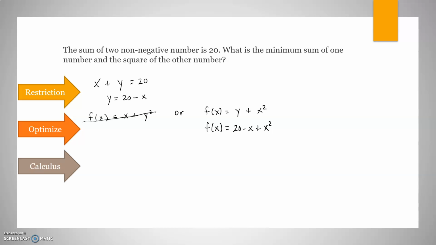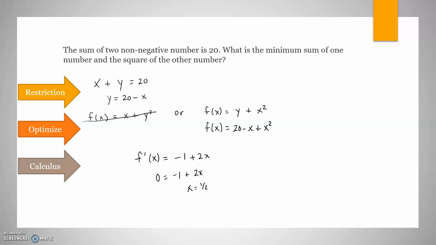Now I'm going to do calculus, and this is actually a time when we want to be really thoughtful as we do our calculus. So we're going to take the derivative of this. We have negative 1 plus 2x. So that would be 0 when x is equal to a half. But we actually have endpoints here.